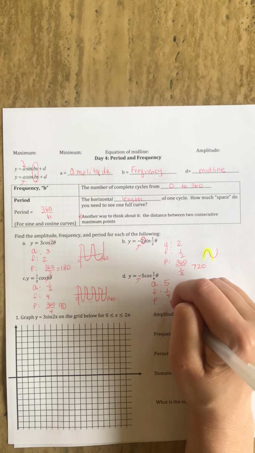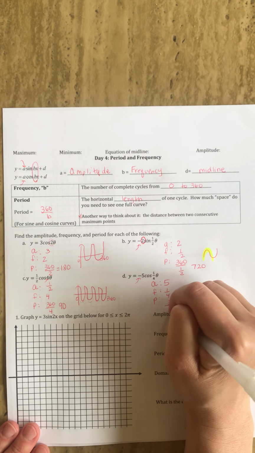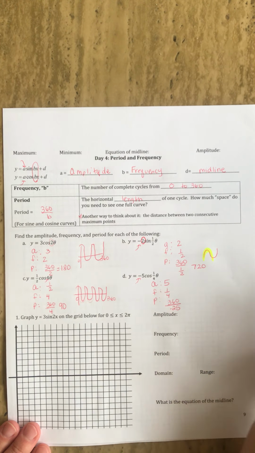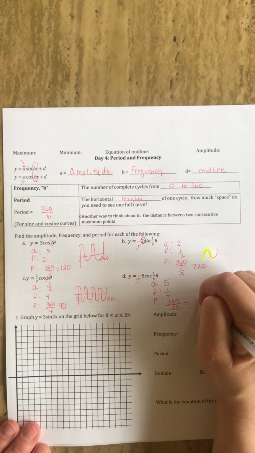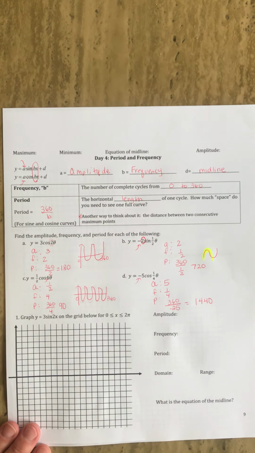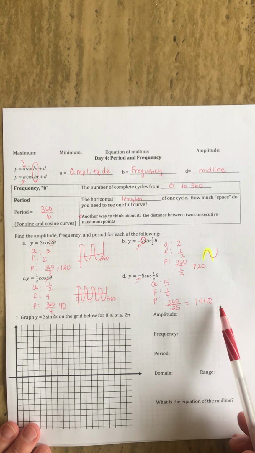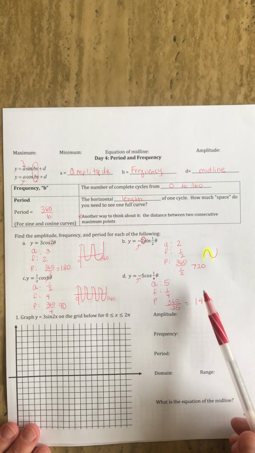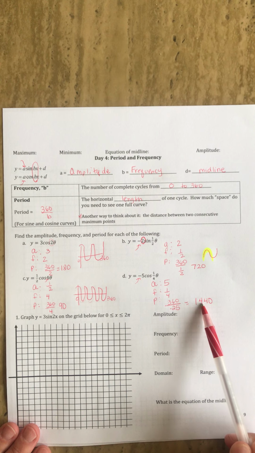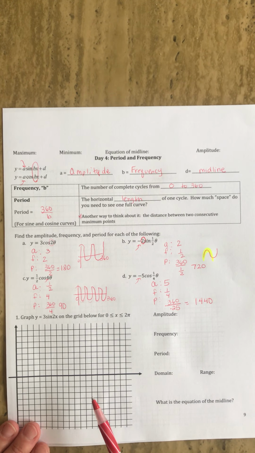Then you are going to do 360 divided by 0.25, which is 1/4, and you would get 1,440. That means if you want to see one full curve, you would have to go from 0 to 1,440 degrees.